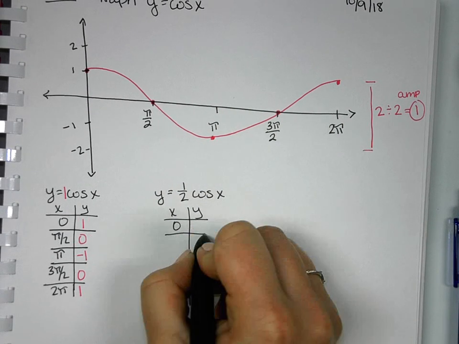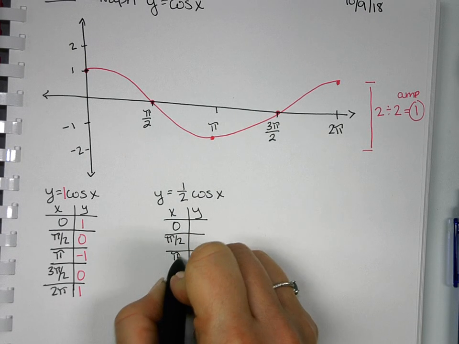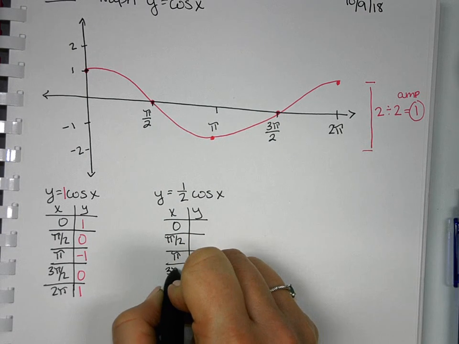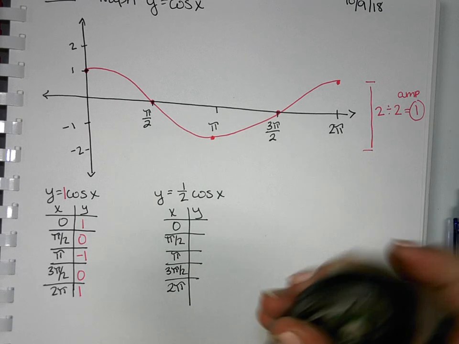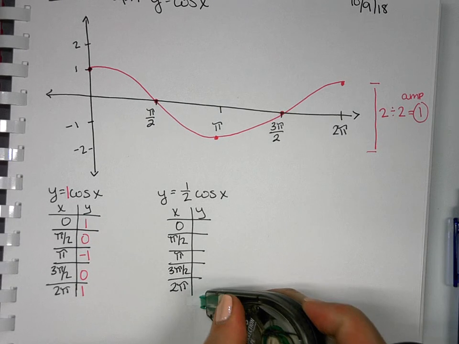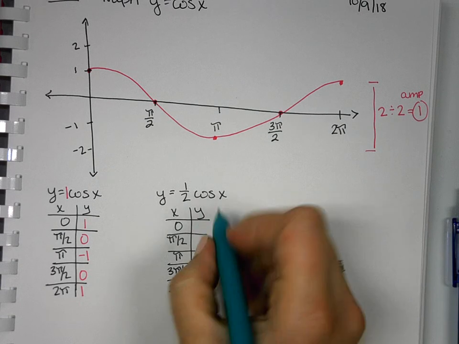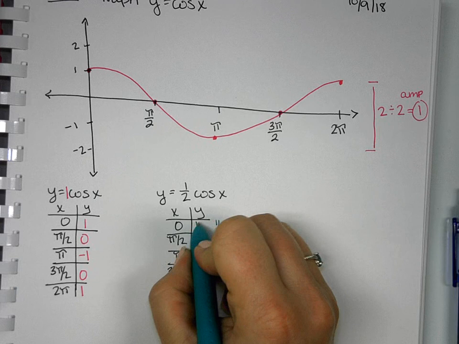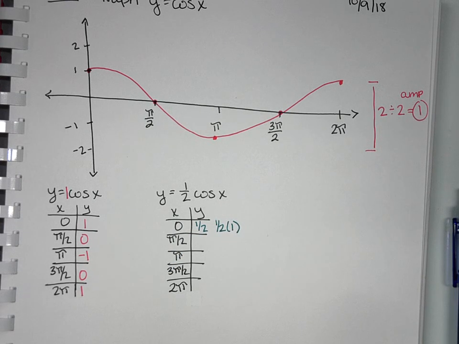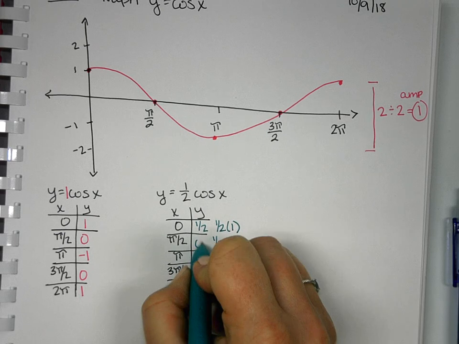So I'm going to stick with my same key values, and we're going to plug them into our function. I'll do this one in teal. So cosine of 0 is 1, so 1/2 times 1 is 1/2. Cosine of pi over 2 is 0, 1/2 times 0 is 0.